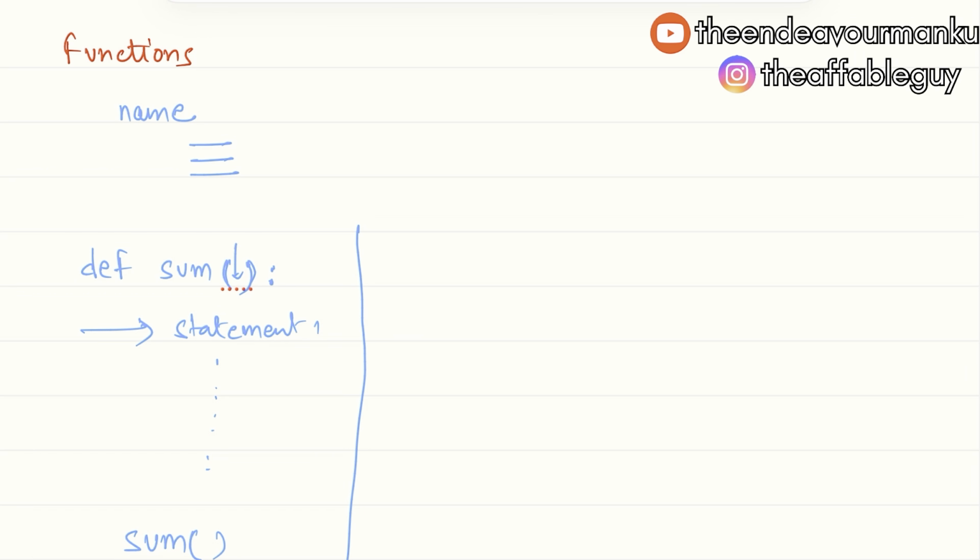If you want a function definition which accepts arguments as well, that is a and b, then you can write as many arguments as you want, a, b, c and so on, and then you can use those here, like c equals a plus b, and then it is printing c.